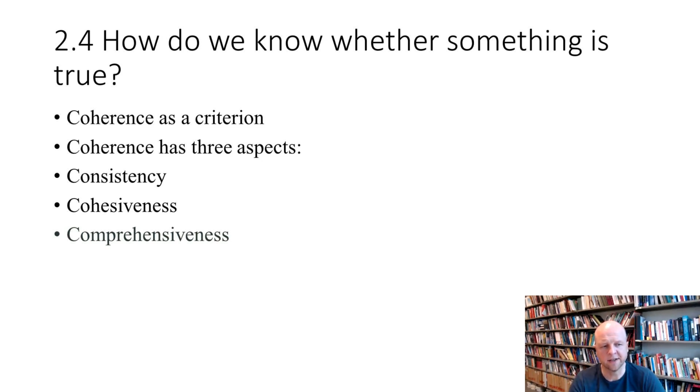But in addition, the parts of the theory should not merely not contradict each other, they should also be connected in different ways and in as many ways as possible, and that's what we mean by the criterion of cohesiveness, that there are as many connections between the different parts of the theory as possible.